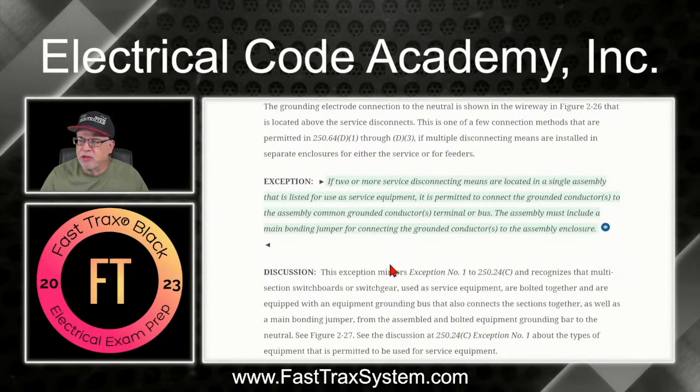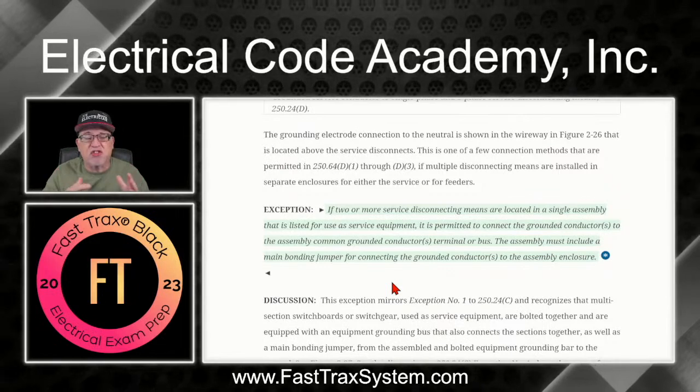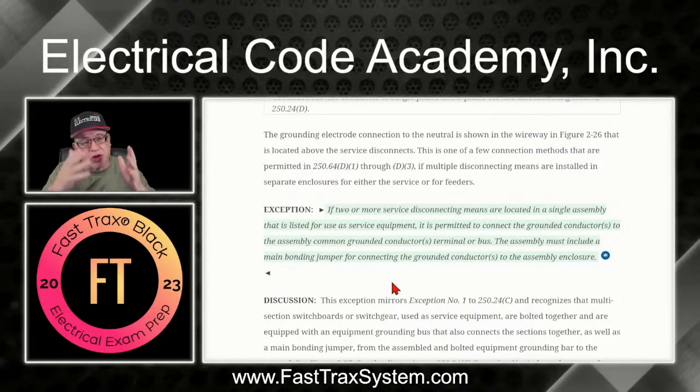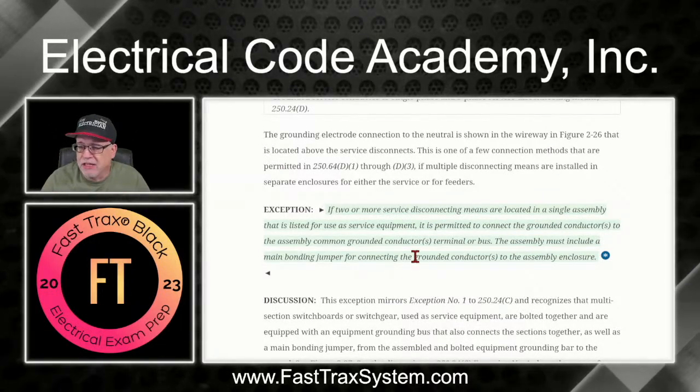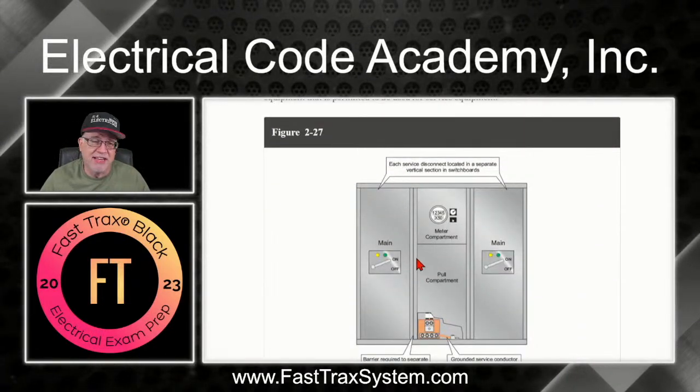Now, there is an exception that says, okay, what if I have two or more service disconnecting means in one single assembly, like switchgear or switchboards with vertical sections? Okay, so let's look at an example of that. Well, this is an example of that. This would be an example of a switchboard, and these are separate vertical sections. Right?